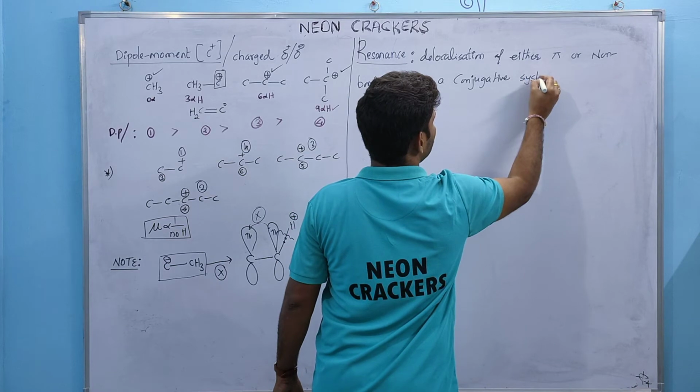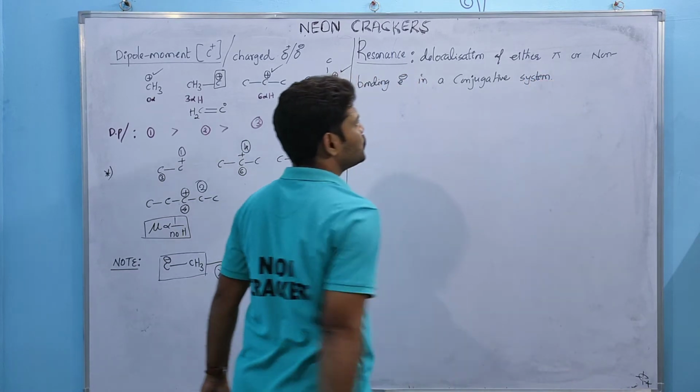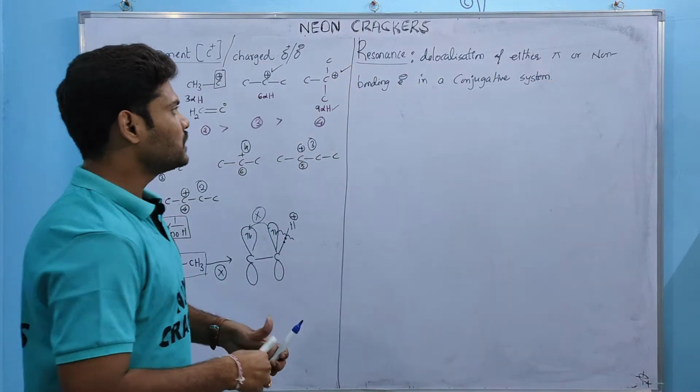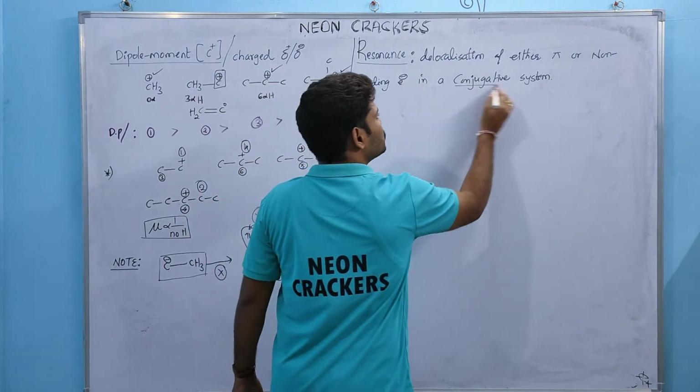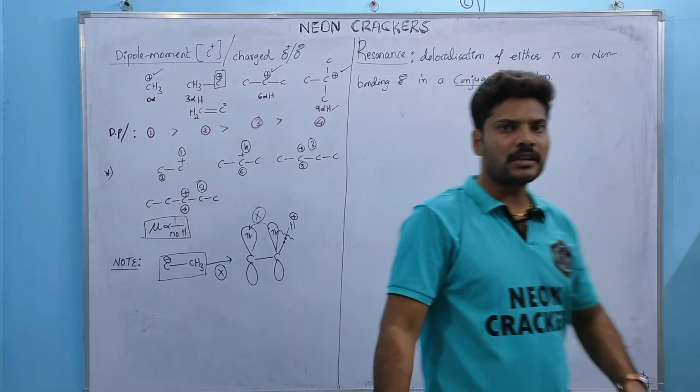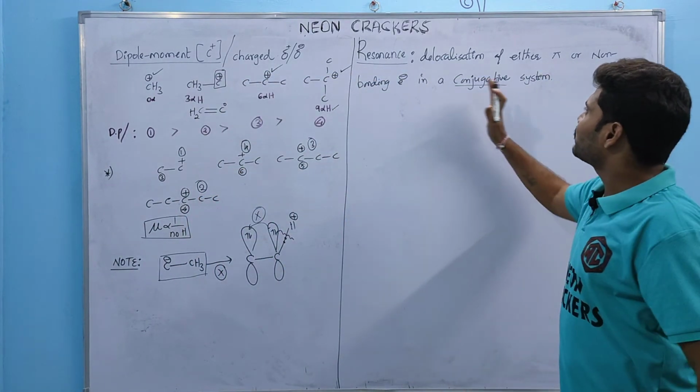So this system is very important in resonance. To show resonance, the system should be conjugative. The first parameter is whether the given structure has a conjugative system.